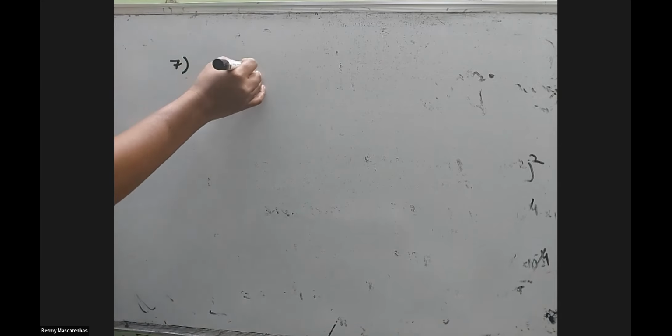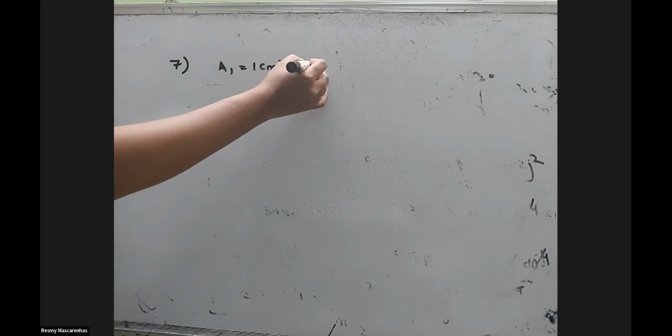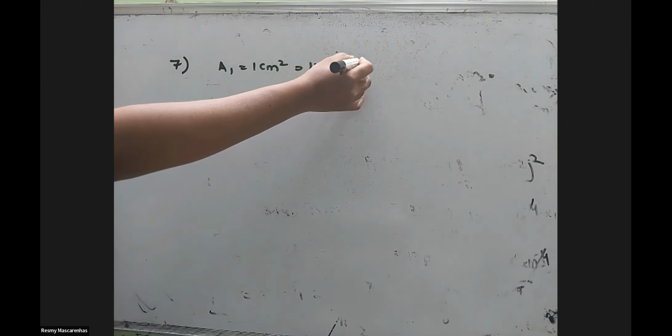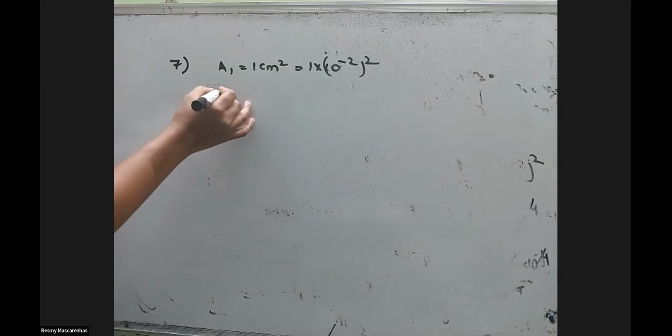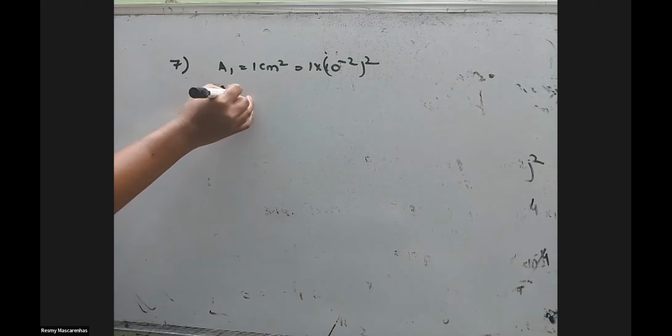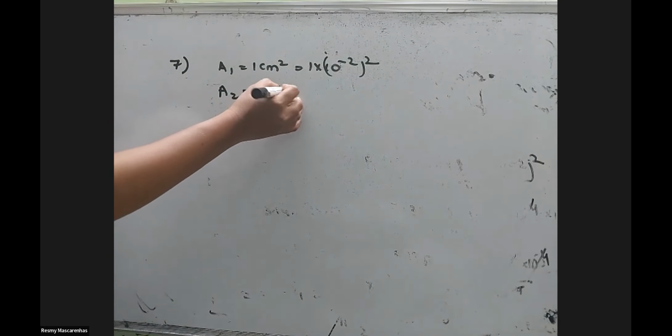Seventh one, area of the smaller piston is 1 centimeter square. Area of the larger piston is 22 centimeter square.